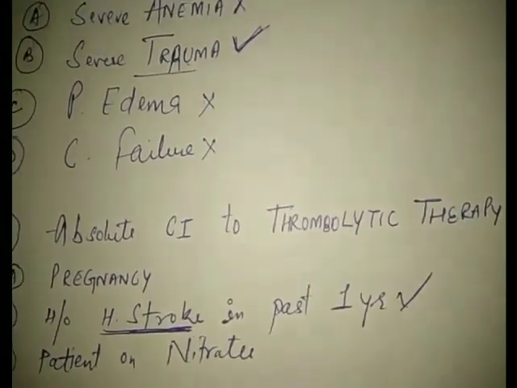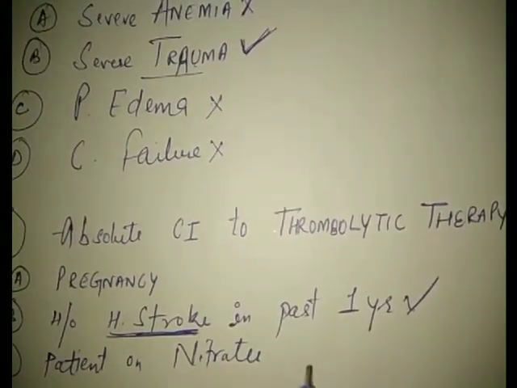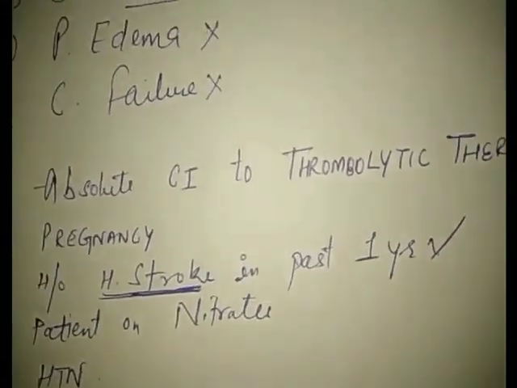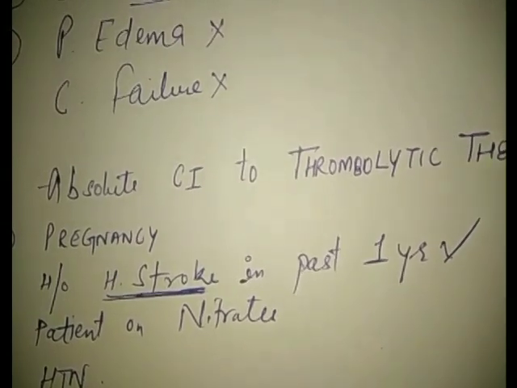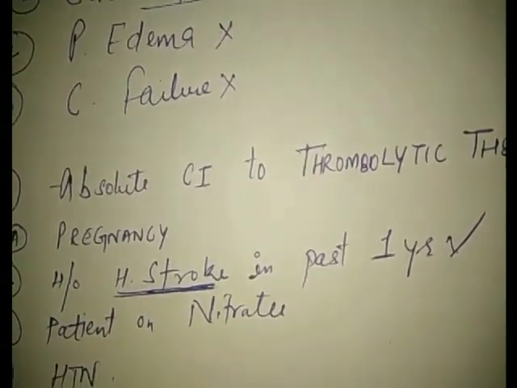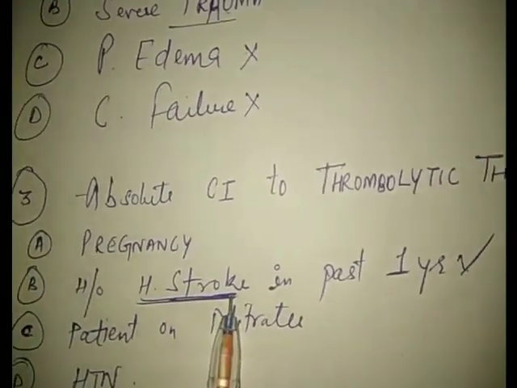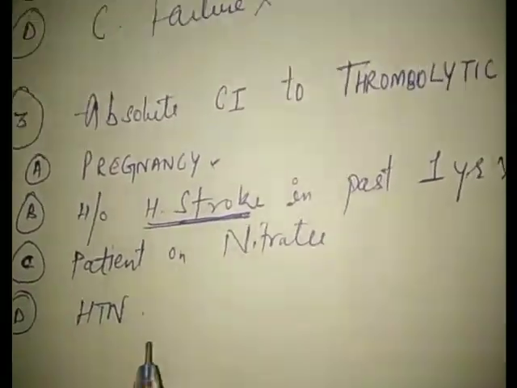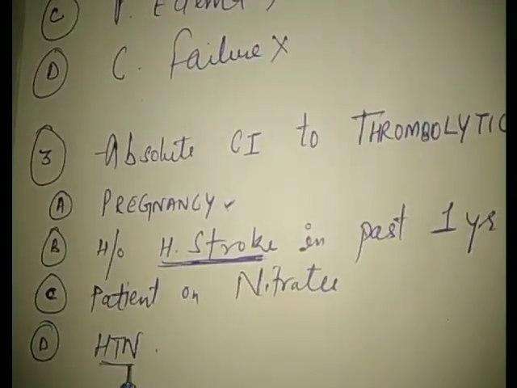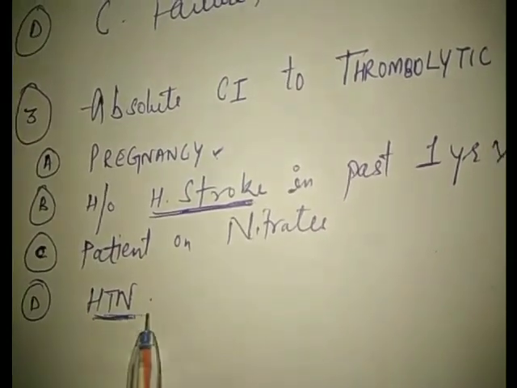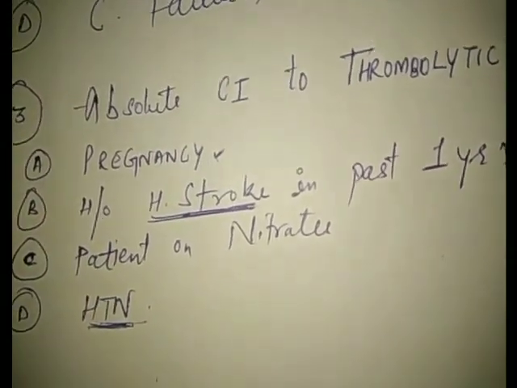However, if it is non-hemorrhagic stroke within 1 year, we cannot use it. After 1 year in cases of non-hemorrhagic stroke we can use it, but hemorrhagic stroke at any time is a contraindication. Pregnancy is a relative contraindication. Marked hypertension is an absolute contraindication, not just hypertension.